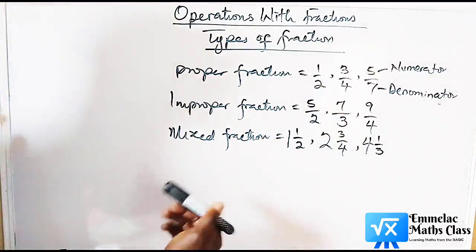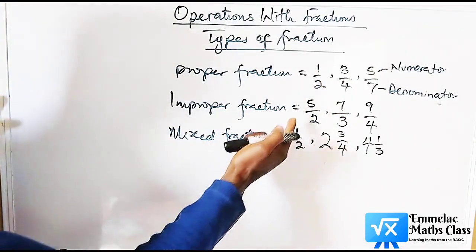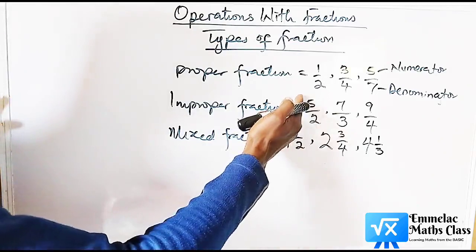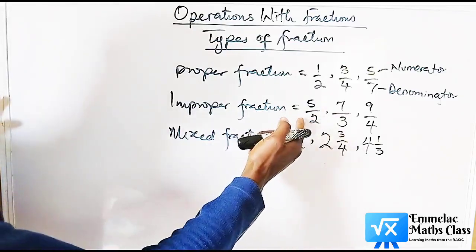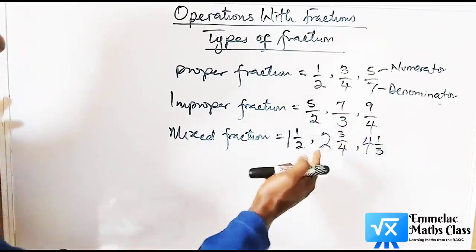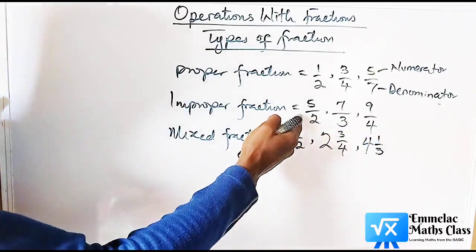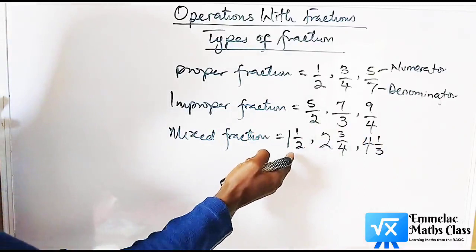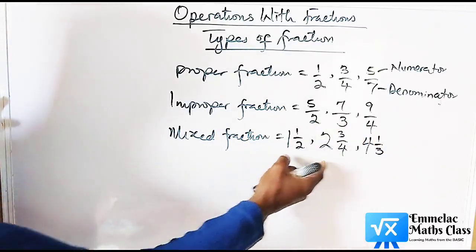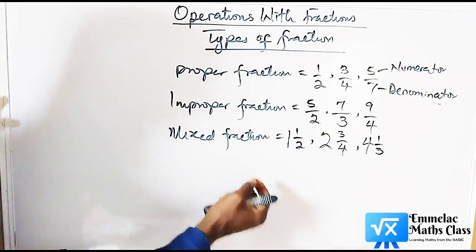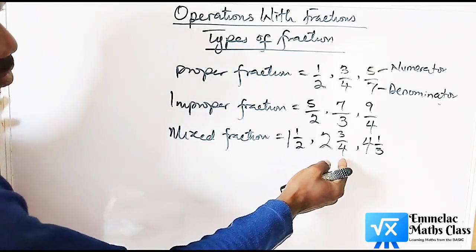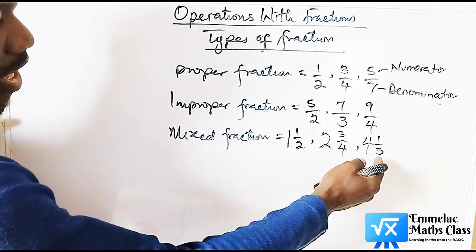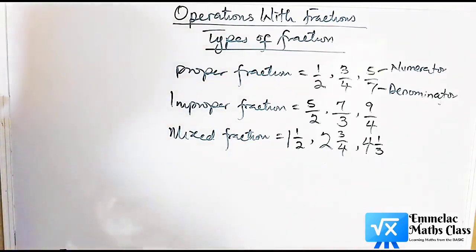When the numerator is greater than the denominator, it is an improper fraction. The improper fraction gives birth to the mixed fraction, which is a mixture of a whole number and a proper fraction.